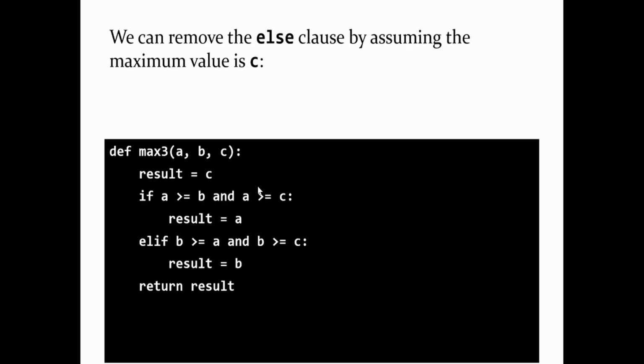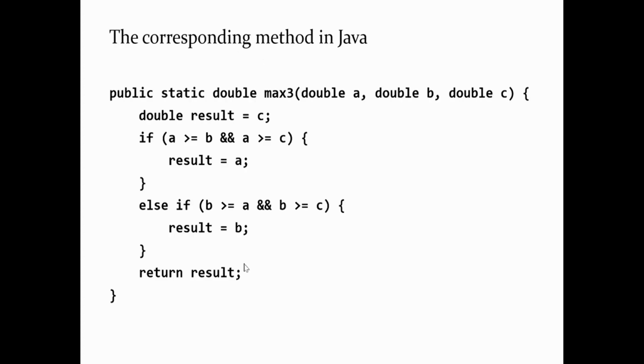In both cases, you can remove the else clause. You start out by assuming the largest value is c, and then you have an if statement to fix the result if the largest value is not c. So the corresponding method in Java: I want the result to be c, so I'm going to create a variable called result. I'm computing the max of 3 double values, so my result type is also double, and I'm going to initialize it with the value c.